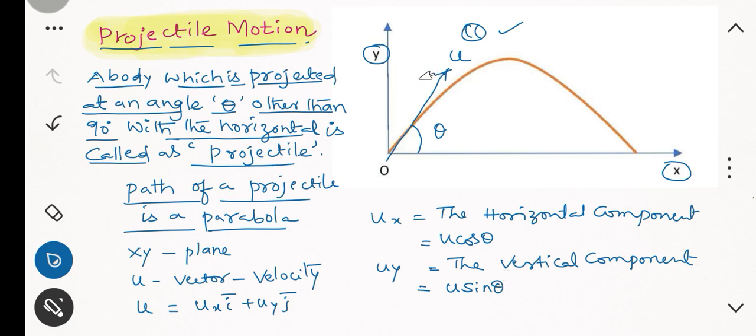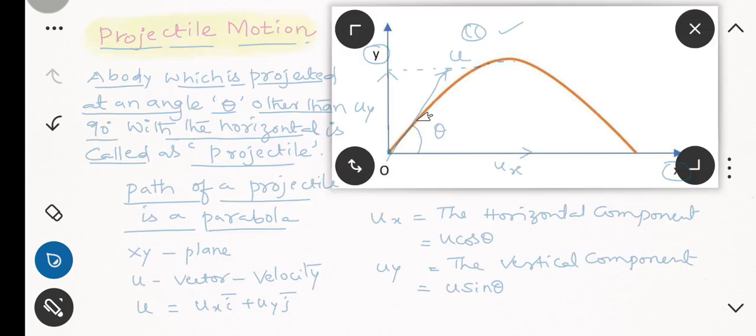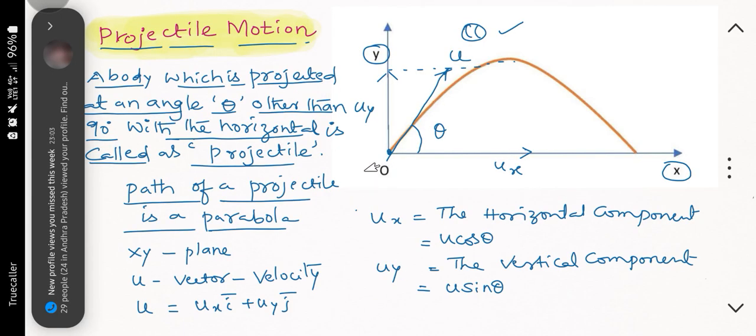Let us suppose this is the maximum height reached by the projectile. Then this is uy and this is ux. Let us suppose we have taken another point along the path of the projectile.